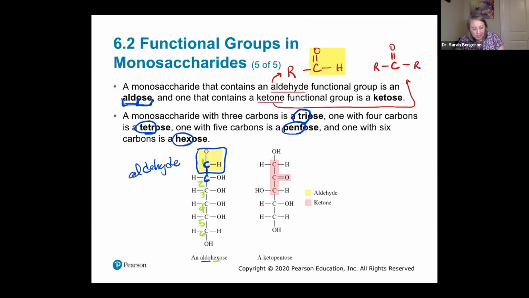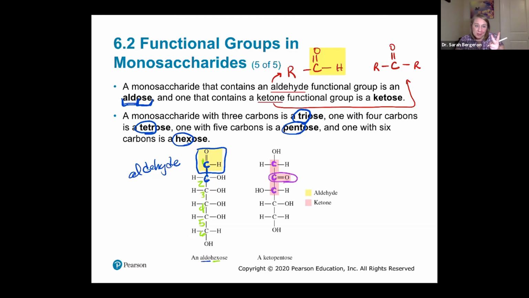Another one, here's my functional group. So you're always going to look for your carbonyl group. Okay, there's my carbonyl group. And so what I'm looking for here is the carbon that's part of my carbonyl group. I want to see what's attached to it. There's 1, 2.